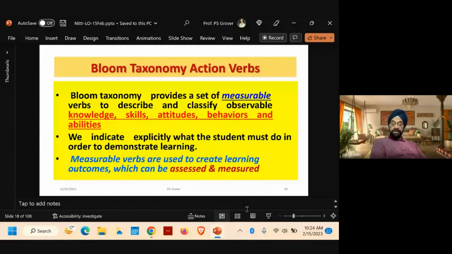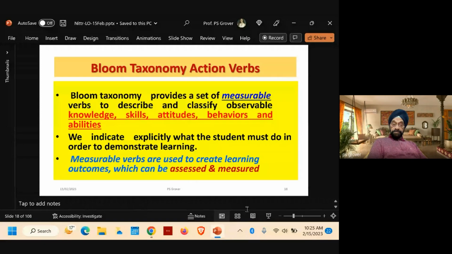Bloom has also suggested a methodology of how to address student learning at the higher levels. This is with the help of the verbs that he has suggested, and there is a logic for that. We indicate explicitly what the student must do in order to demonstrate learning.